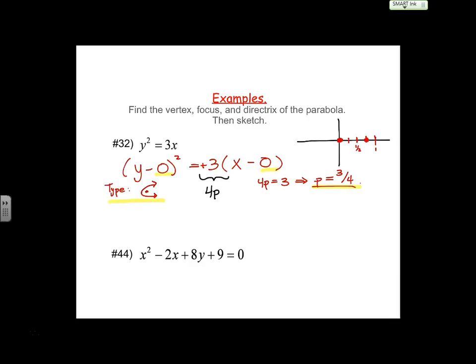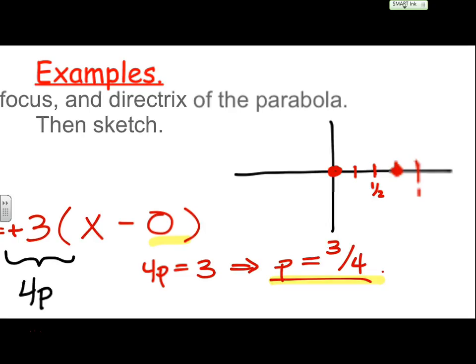Go right to the focus, go left to the directrix, right? So I'm going to go back 1/4, 1/2, 3/4, 1. Go back to the directrix. Does that make sense? Would that work with the rightward facing parabola?